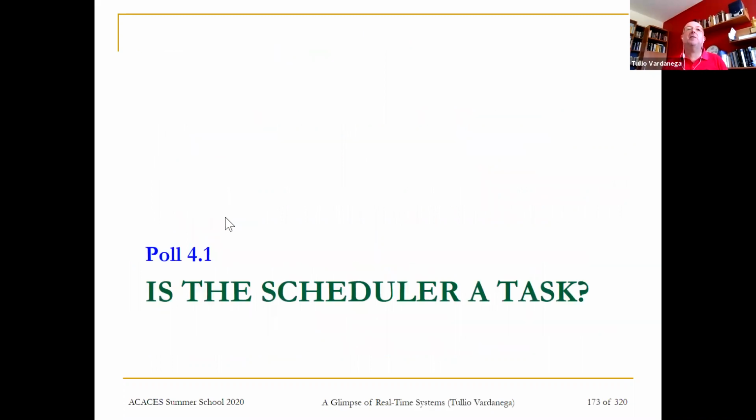And this is time for a poll question. Now that I'm giving you this initial element, you know, there is a clock, and the clock is made of these two registers, and one of them decrements, and this decrement reaches zero and raises an interrupt, which is to be handled, and this interrupt is in itself periodic. I think this is time for this particular question, which forces me to display the poll.